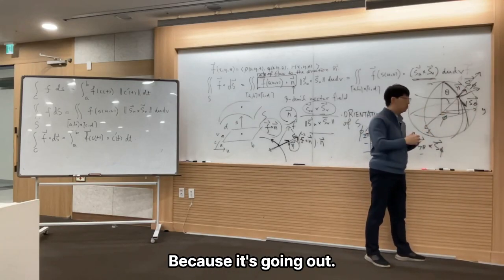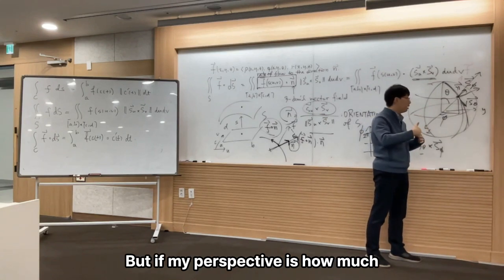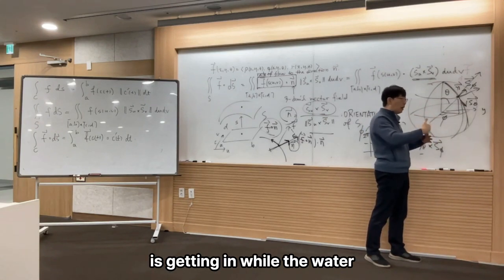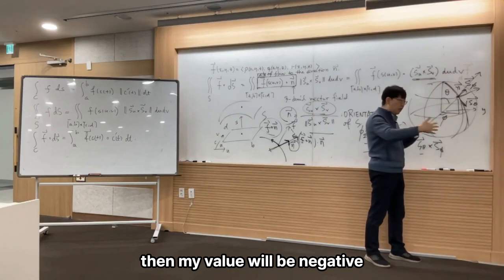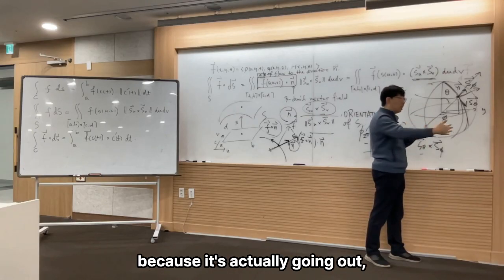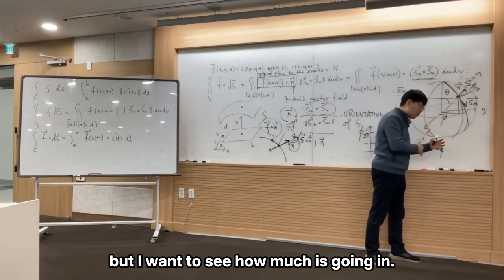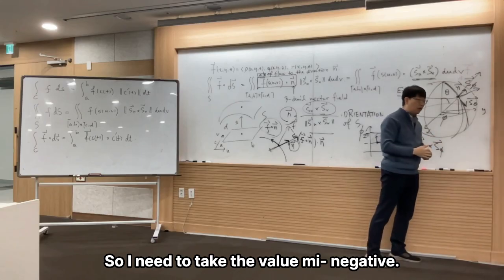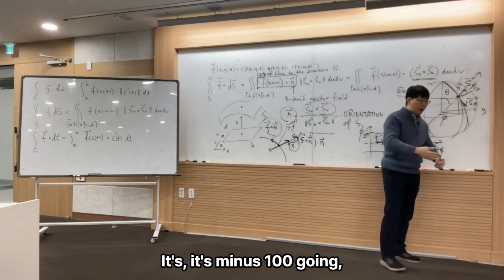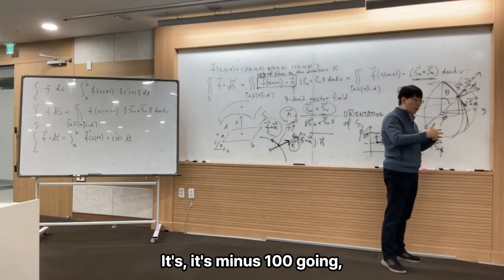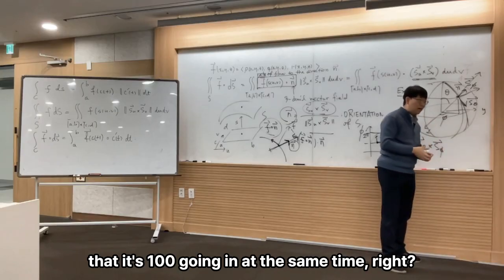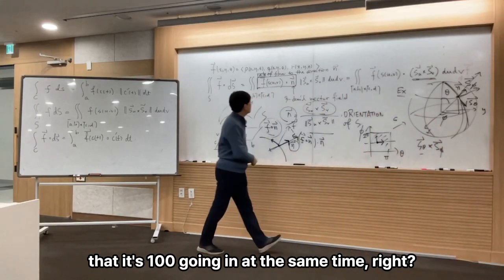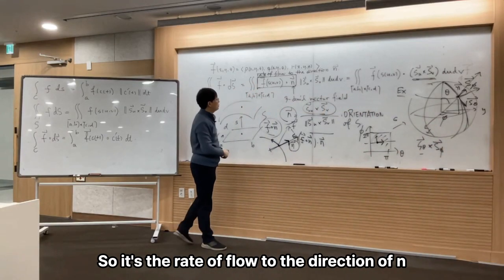But if my perspective is how much is getting in while the water is actually going out, then my value will be negative, so I need to take the value negative. It's minus 100 going out, meaning that it's 100 going in at the same time, right? So it's the rate of flow in the direction of n.